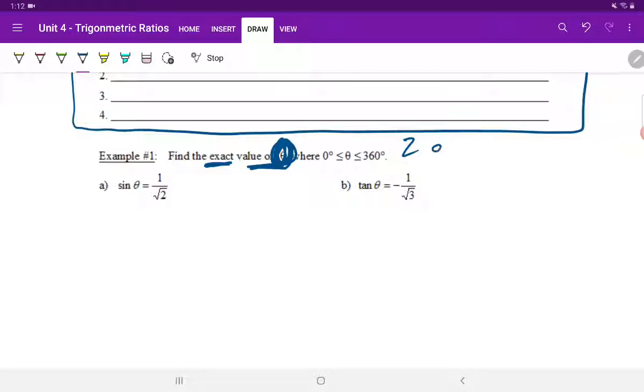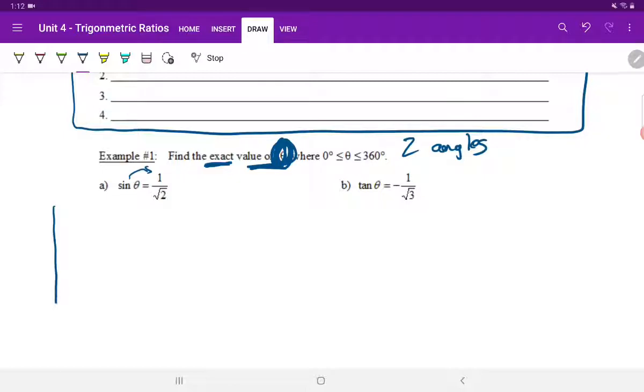There will be two angles for each of these ratios here that provide this exact ratio of 1 divided by square root of 2. So let's take a look. What do we do? How do we find theta here? If your guess is that we're going to end up taking the sine inverse, you're right, but there's a few steps we need to do beforehand because there are two answers.